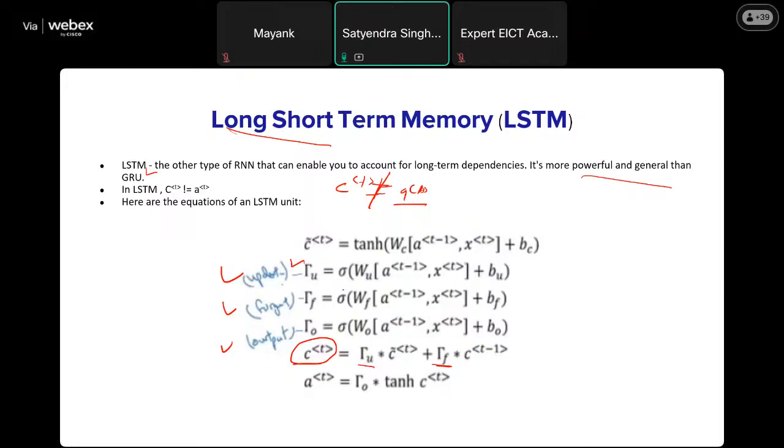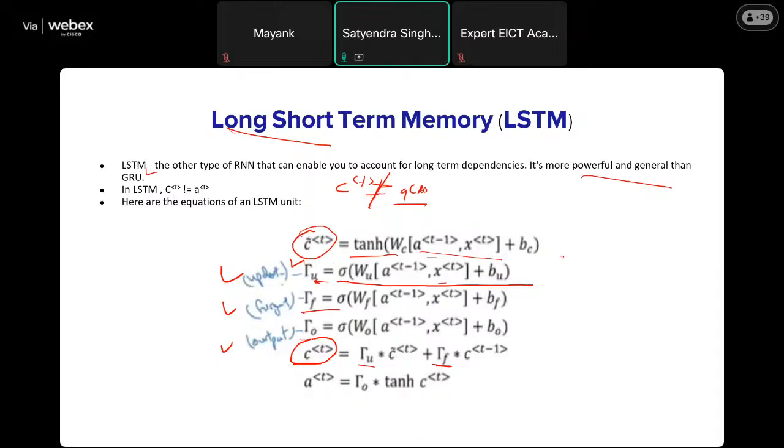The update gate is again a learnable parameter which takes A(t-1) and X(t), passing to an activation function gives you the update gate, and the candidate context representation is nothing but passing to tanh, W_c multiplying with A(t-1), X(t), and gives you C tilde t.